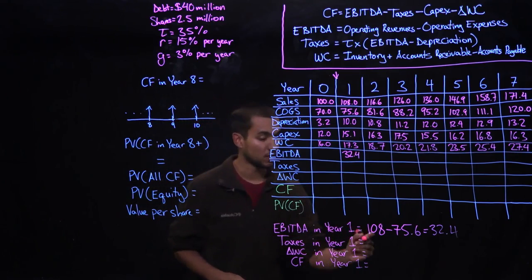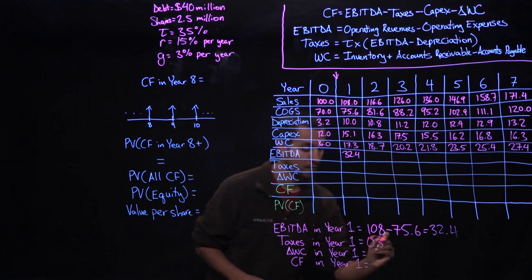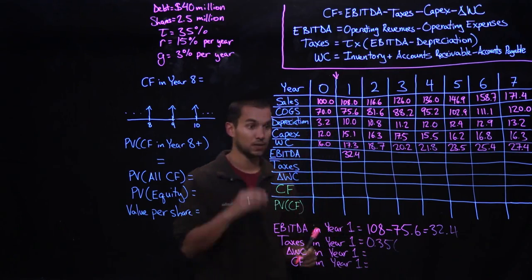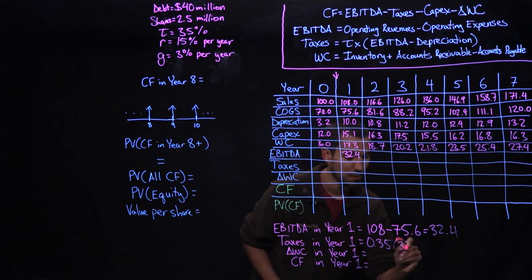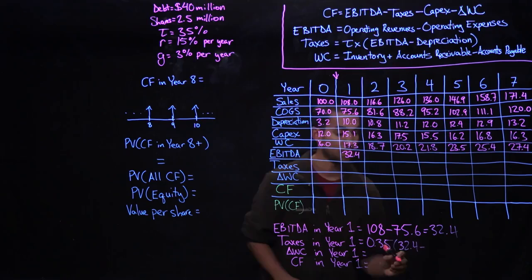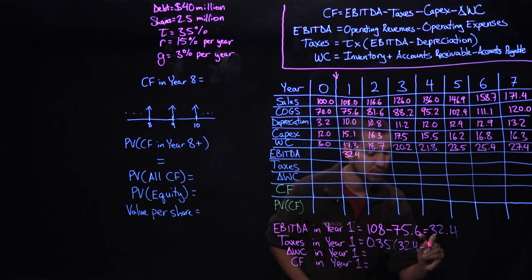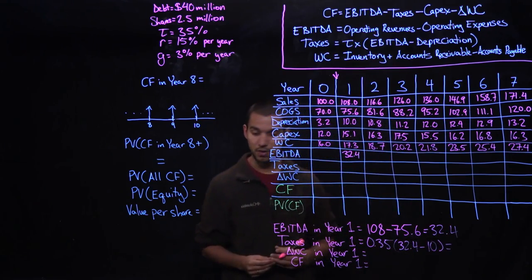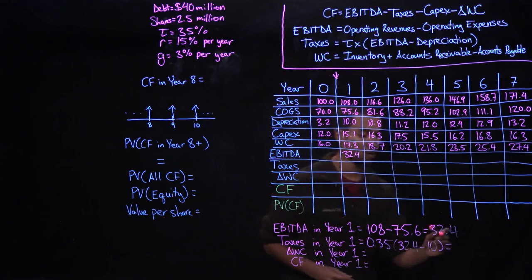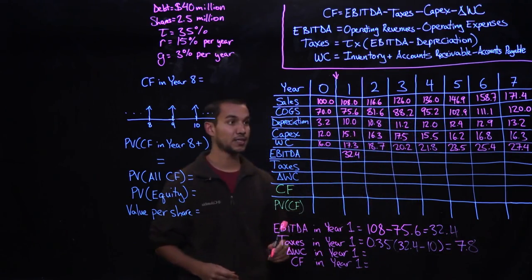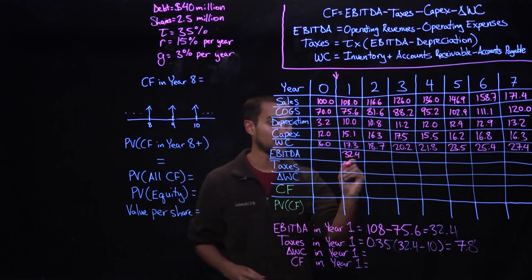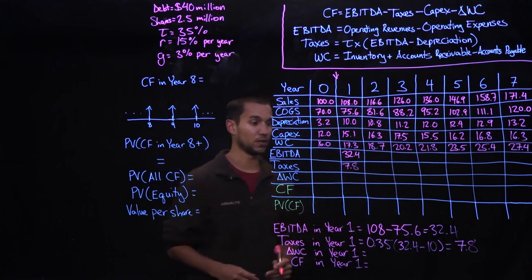So our taxes are going to be 0.35 times our EBITDA, 32.4, minus our depreciation tax shield, which is $10 million. If we multiply this all out, we get a value of $7.8 million. So our taxes in year one are $7.8 million.